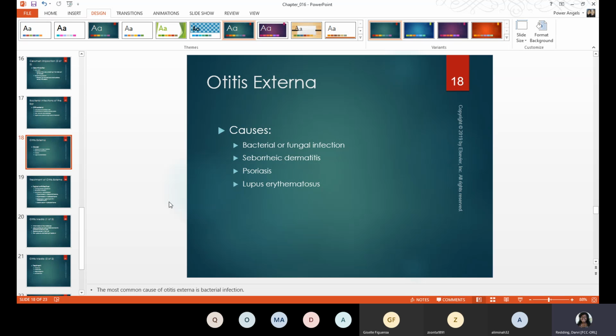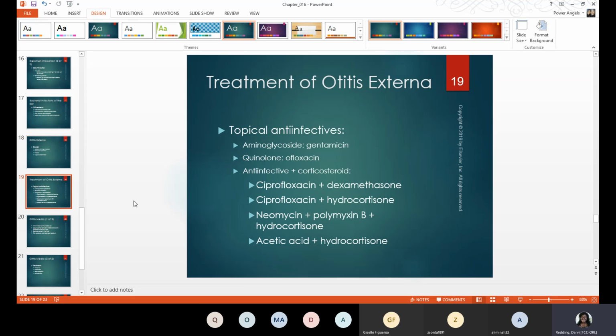The most common cause of otitis externa is actually having a bacterial infection. So as we learned about what causes it, let's next learn about what treats it. I talked about two of the things that can treat it, which would be topical or systemic drugs.